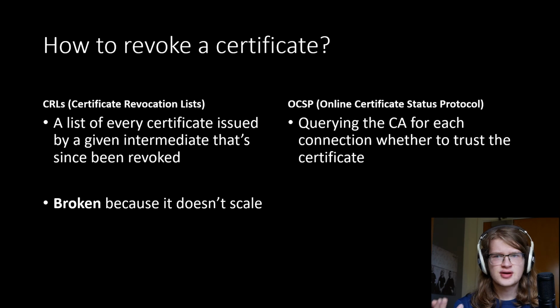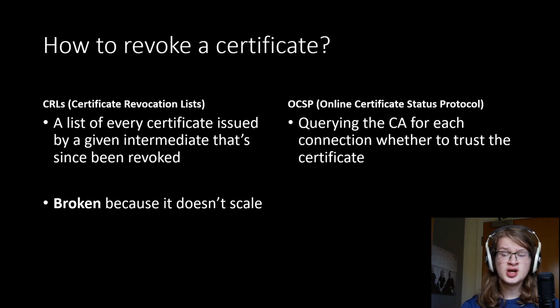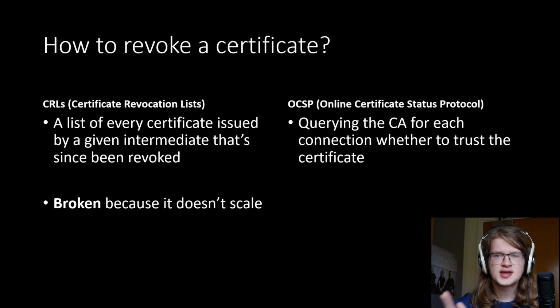We need to go back to our threat model to see it. Recall that I said that HTTPS is meant to work on an untrusted network where an attacker could tamper with anything between you and the server you're connecting to. Now, suppose they tamper with the route to the CRL or OCSP server and kill all connections to it so that the browser can't check if a certificate is revoked.